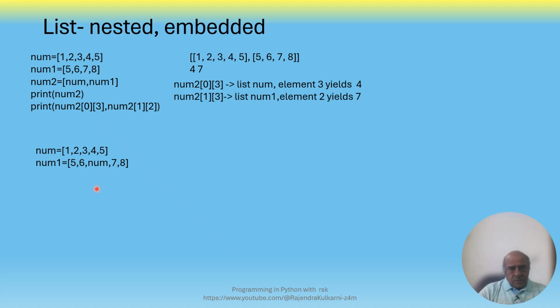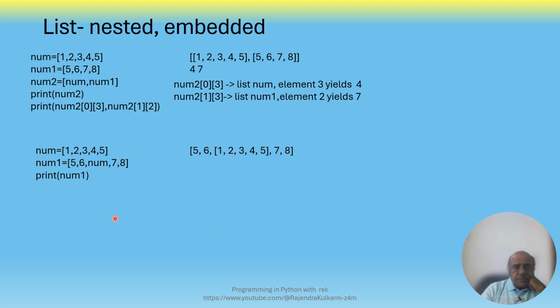The second place in the list is now taken by num, a totally different list altogether, but it becomes a part of num1, and then we have given 7 and 8. So num1 becomes a list having contents 5, 6, a whole list called num, and then 7 and 8.